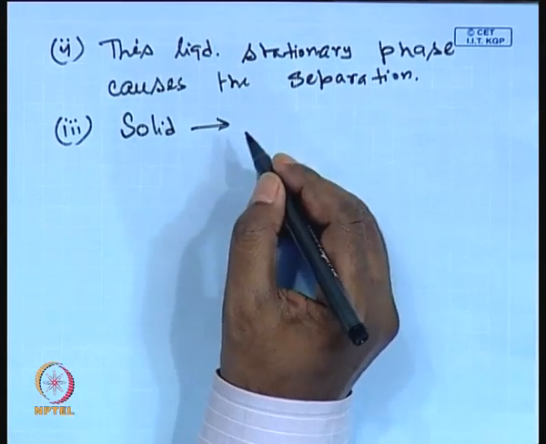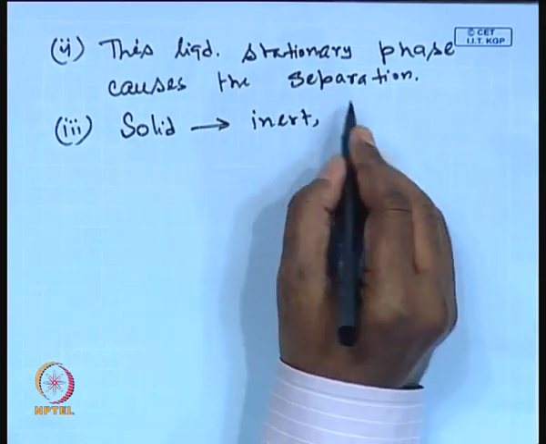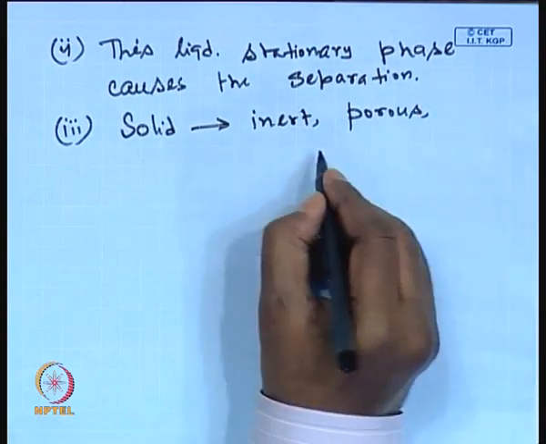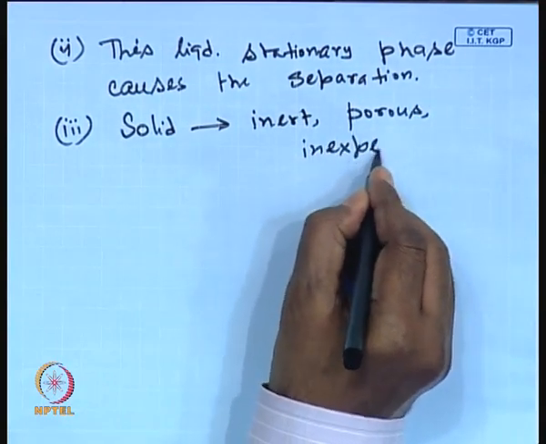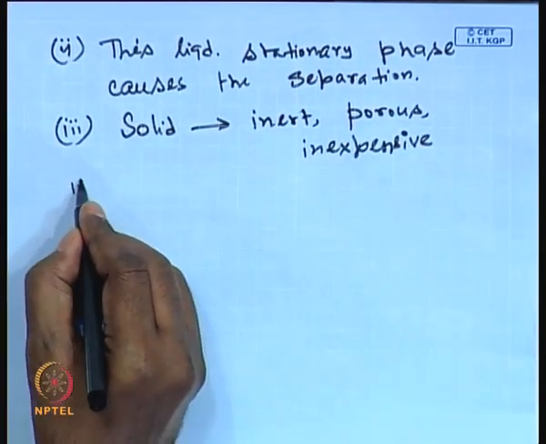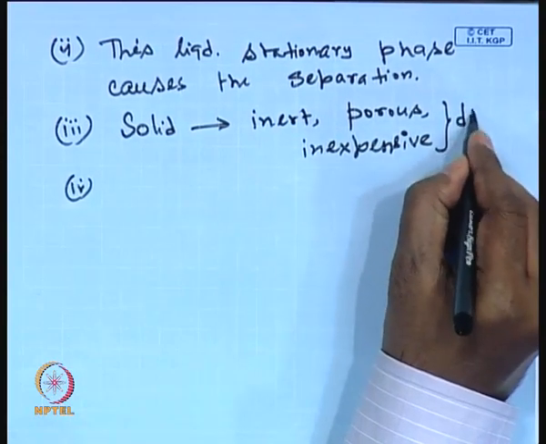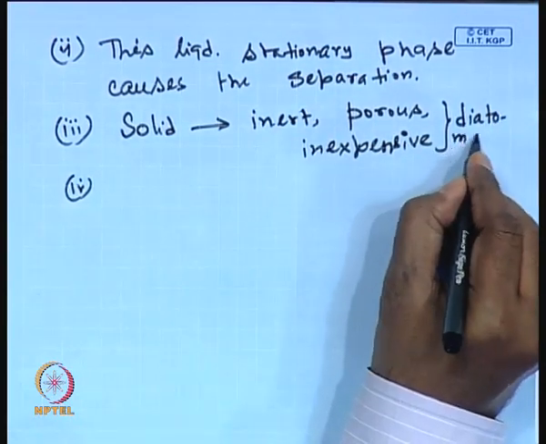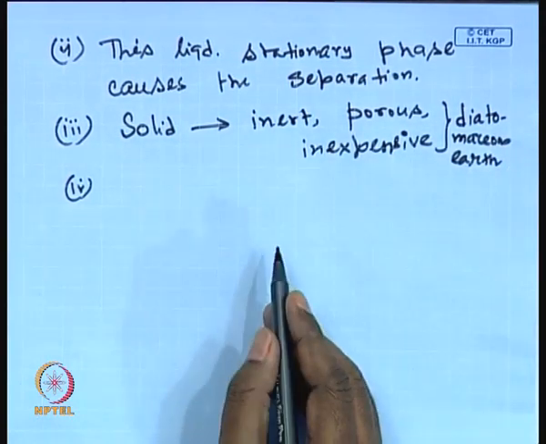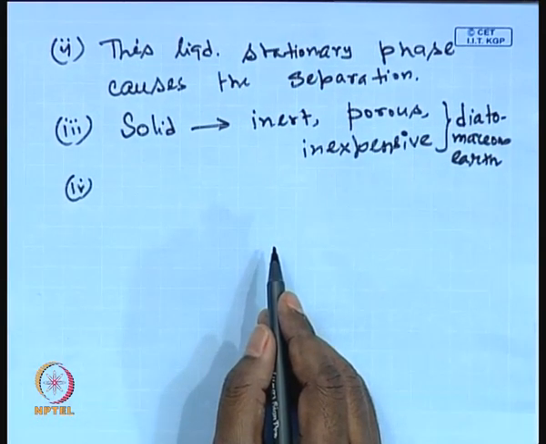Thirdly, the characteristic of the solid should be inert, because the stationary phase is basically the separation causing phase. So, the solid has to be inert, otherwise it will interfere with the mass transfer. It should be porous, it should be inexpensive. These are typical characteristics of the solid. An example of a solid is diatomaceous earth. It is a material that is highly porous and easily available.